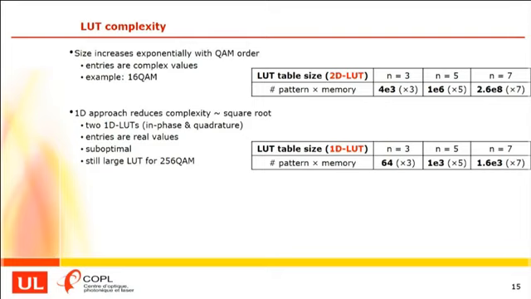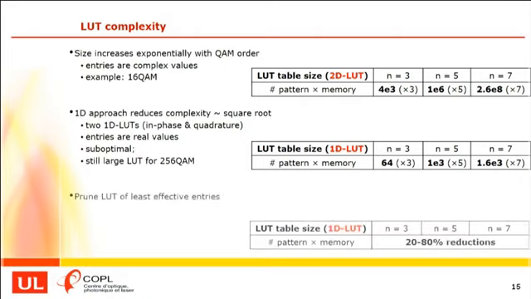So it doesn't matter how they come together on a single point, but where they are, either in the row or the column, I will correct that. And that leads to something like a square root reduction in the size of the lookup table. Of course, it's suboptimal, but even for large LUT size like 256 QAM, this can still be complex.